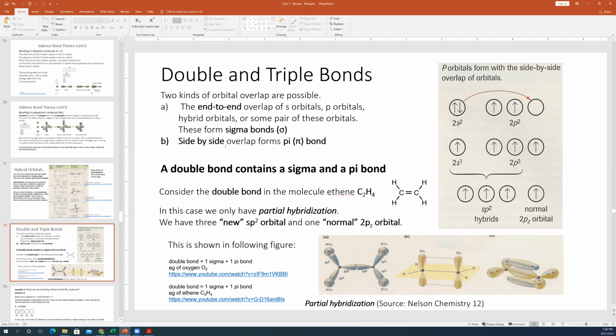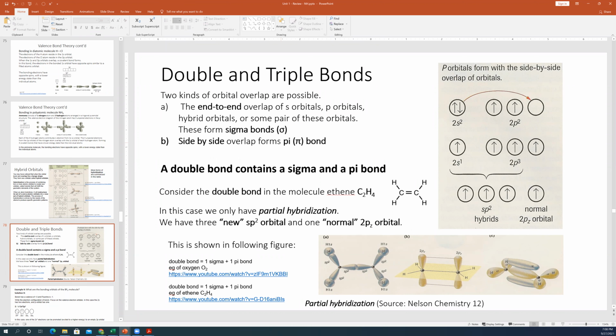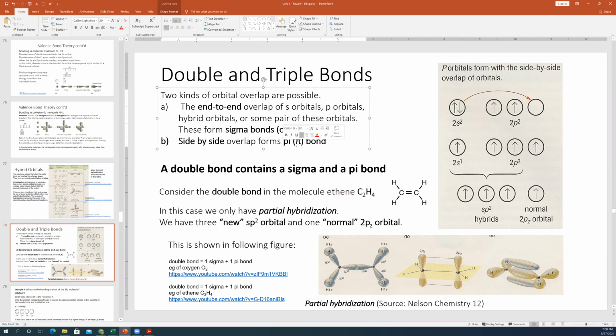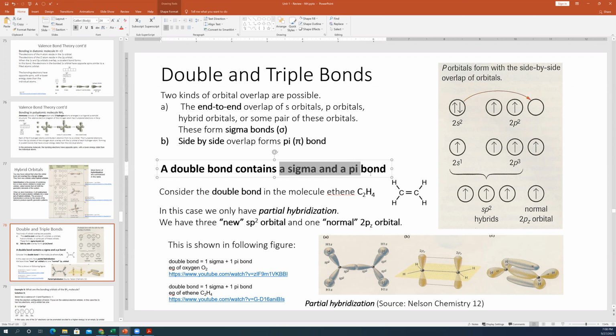You can bring them together head to head and form sigma bonds, or you can bring them side by side and overlap and form pi bonds. So really, it's the way they overlap that signifies these 2 different types of bonds. A double bond consists of 1 sigma bond and 1 pi bond.